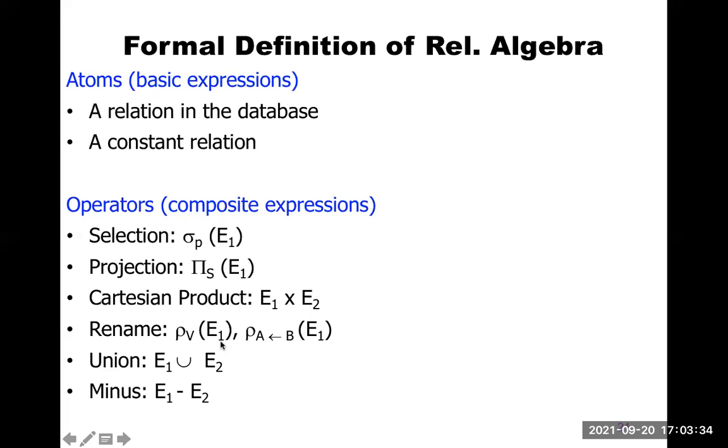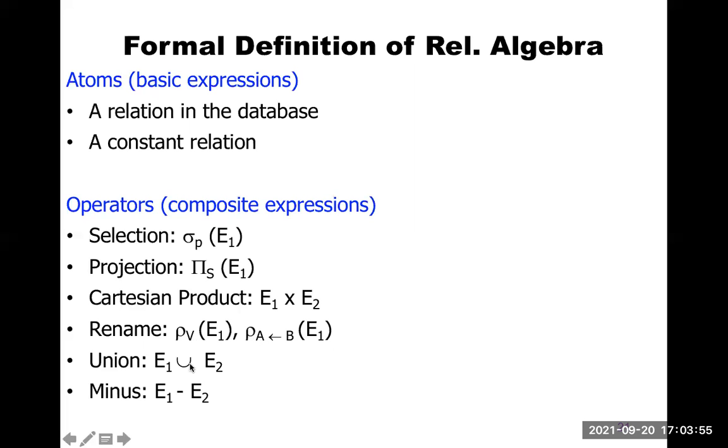The same thing here. Another function is rename. We may assign new names to attributes, or the complete list of attributes, or just rename a few of them. We want to rename B into A, let's say, column B into A.